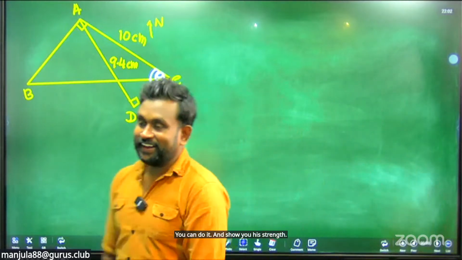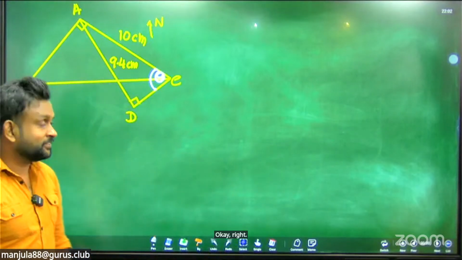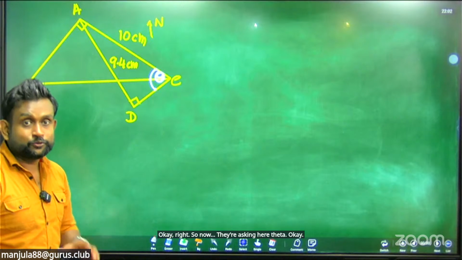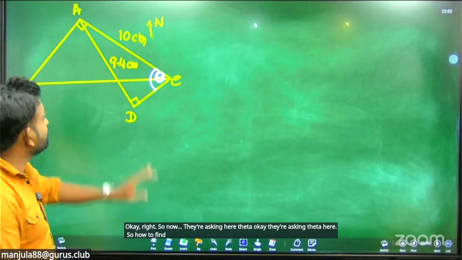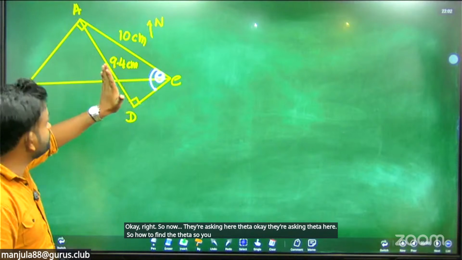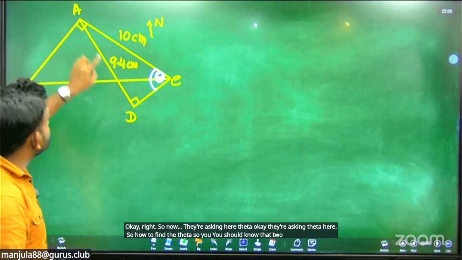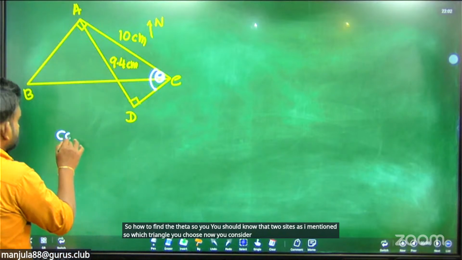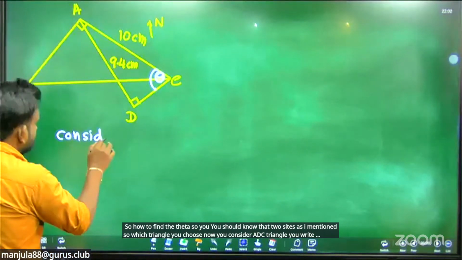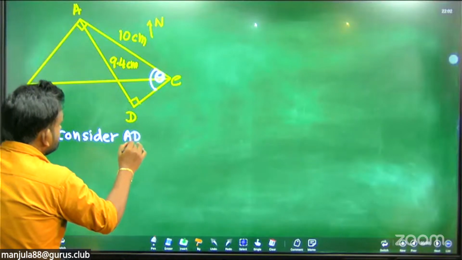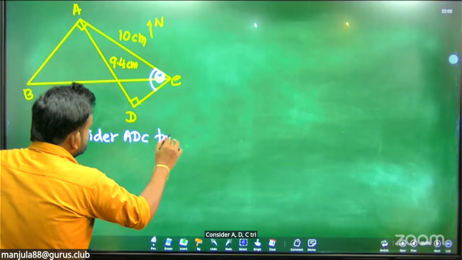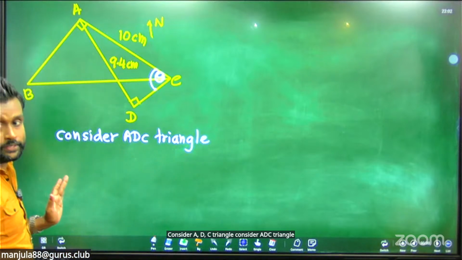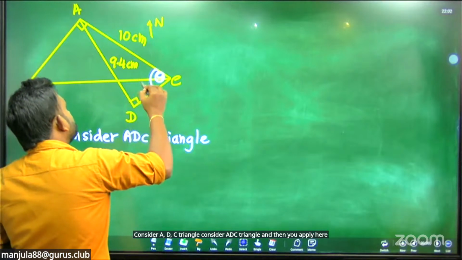Okay, right. So now they're asking for theta here. So how to find the theta? You should know the two sides as I mentioned. So which triangle do you choose now? You consider the ADC triangle. You write: consider ADC triangle, and then you apply here for theta, with respect to theta.